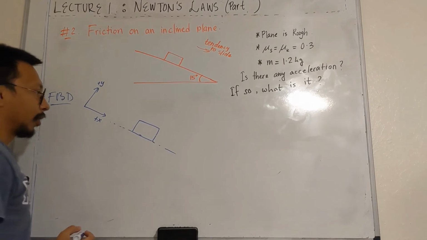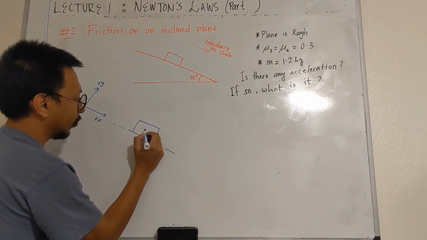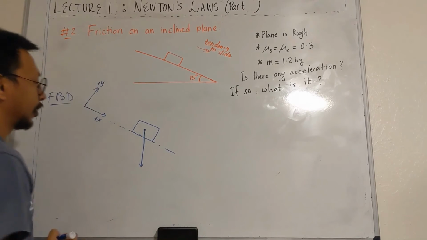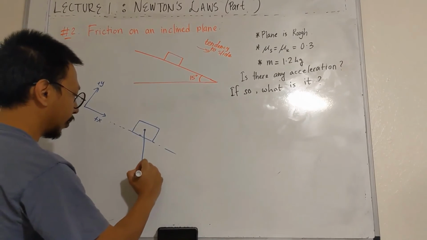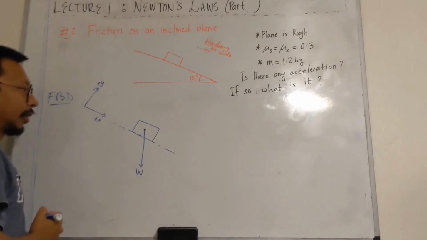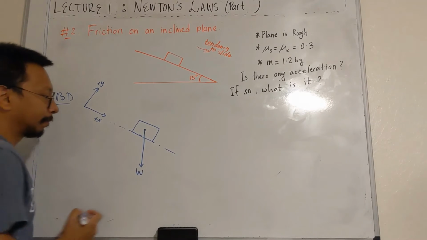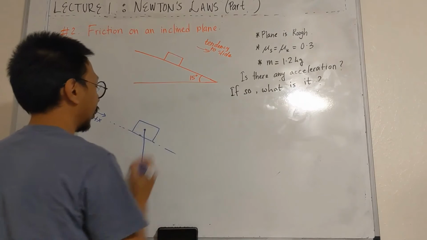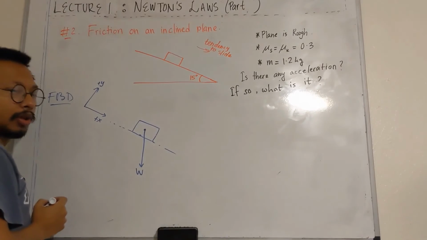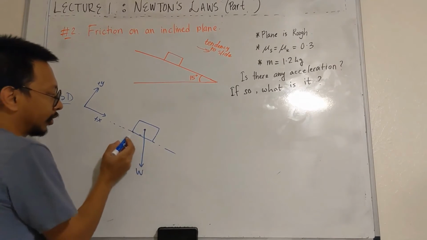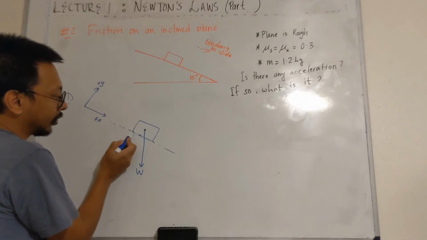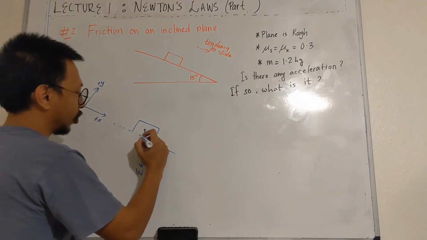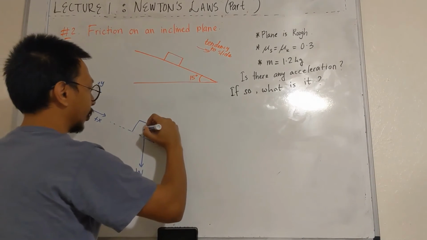All right, what are the forces on this block? As always, the first force that you should think of is the weight, because it is always there. If you have mass and gravity, this is the weight. The normal force is perpendicular to the surfaces touching. So this is the surface, these are the surfaces touching. So the normal force will be perpendicular to it.